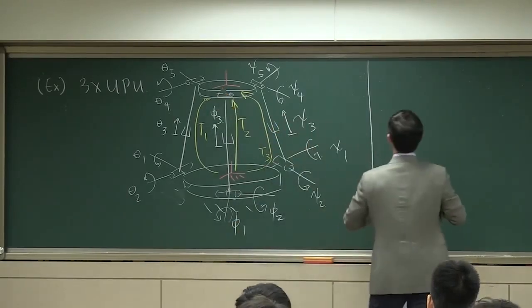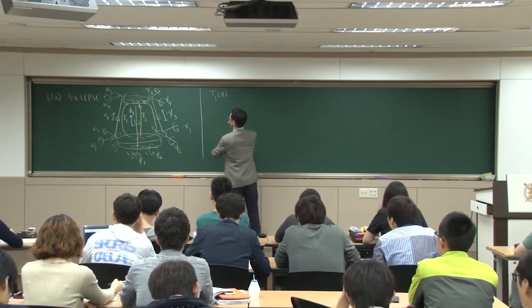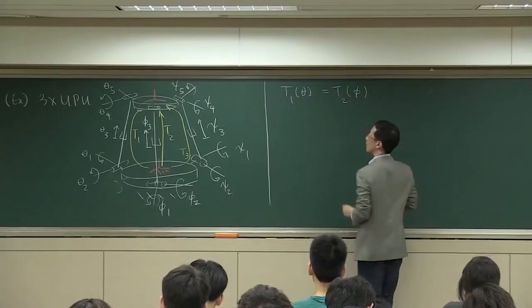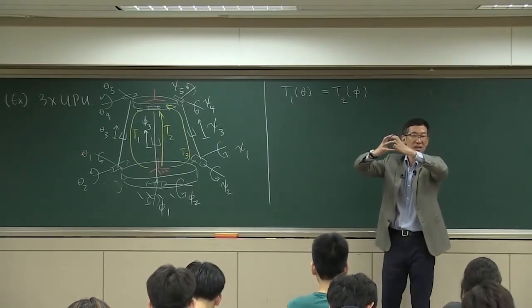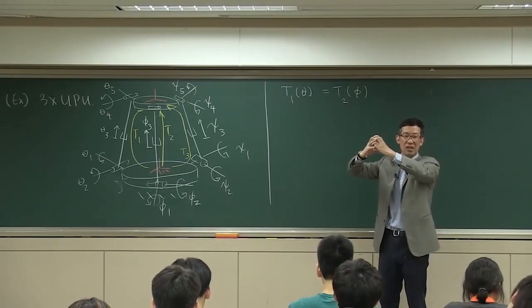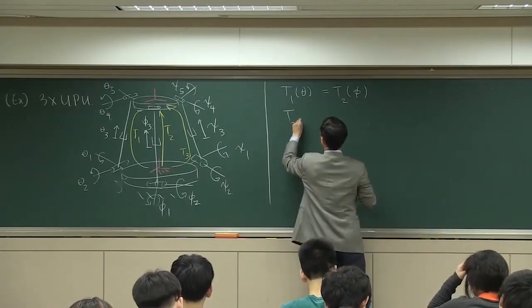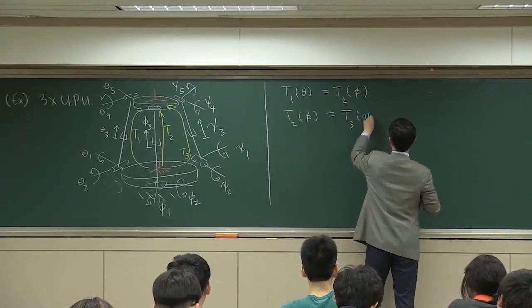So we can write T1 of theta is equal to T2 of phi. It's basically two open chains having the same end effector. And also T2 of phi equals T3 of psi.